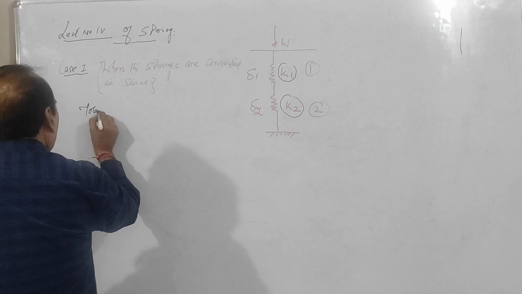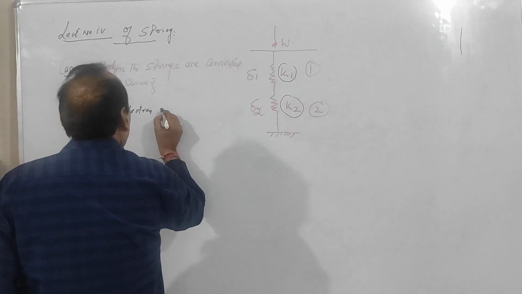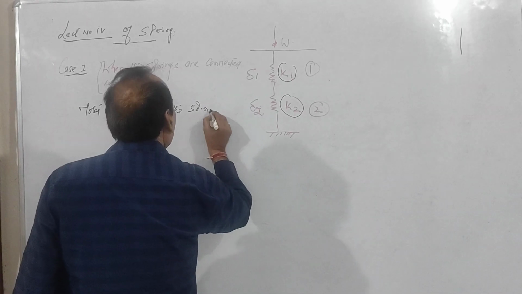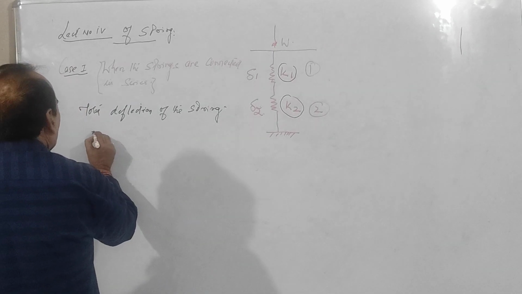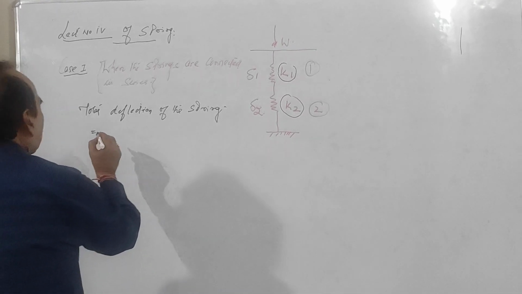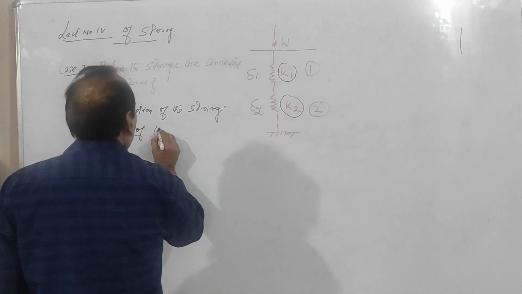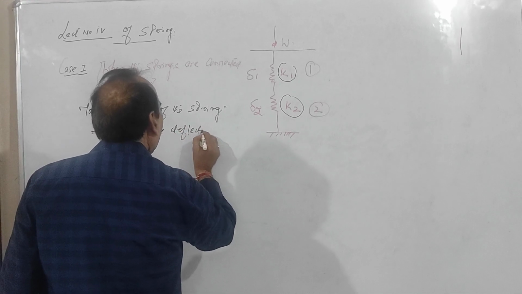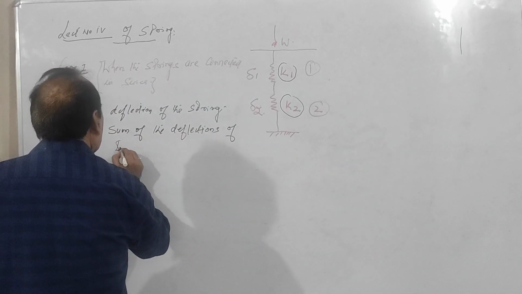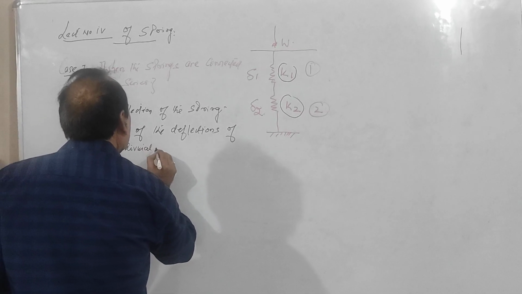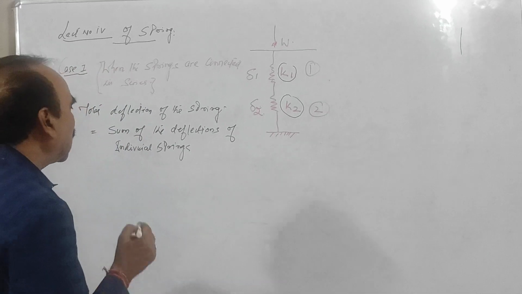The total deflection of the spring is equal to the sum of the deflections of the individual springs which are connected in series.